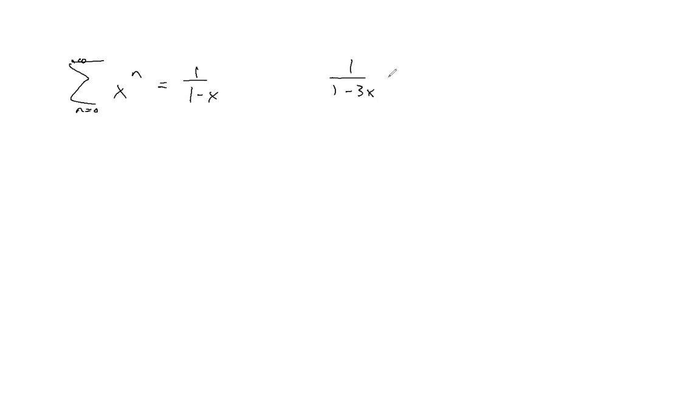And from this, I want to define the power series for 1 over 1 minus 3x. So we said, we're just going to replace the x in our power series with 3x. So we ended up with this power series, which we could simplify as 3 to the n, x to the n.